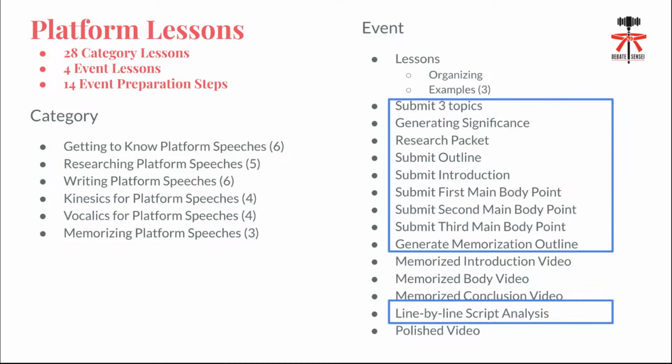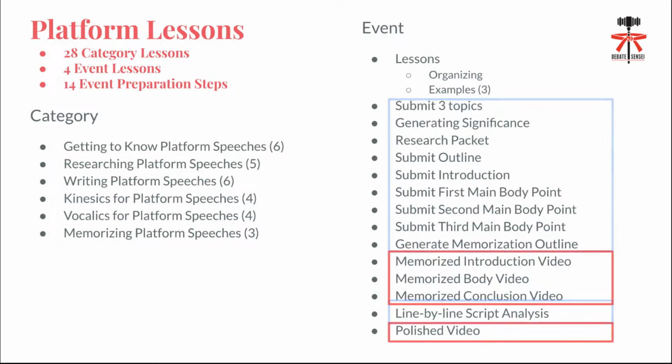All of those would be submitted with a Google document, whereas the other elements where you are memorizing and performing are outlined in red. Again, you can choose which ones that you want to have human feedback with if you get that particular type of program through our course.